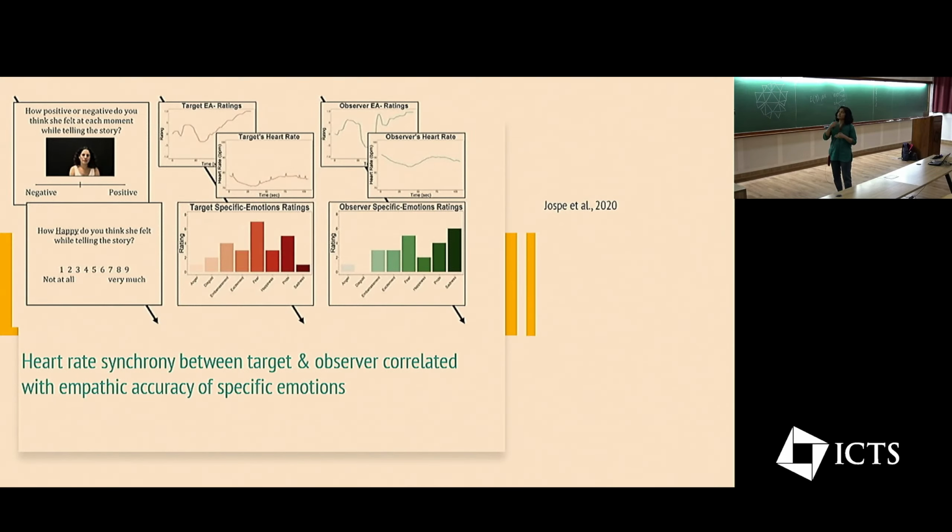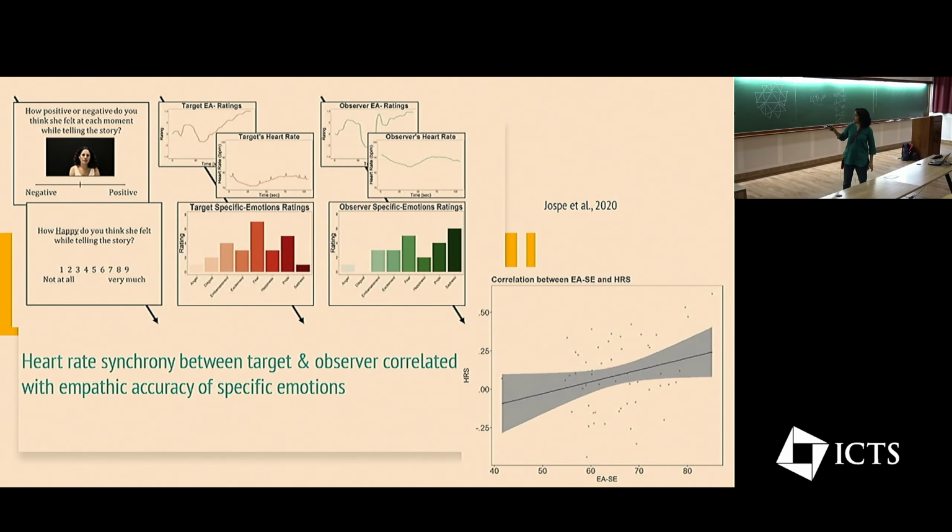The participant was also asked to rate the specific emotions that this person might be going through, for example how much anger, disgust, embarrassment, excitement, fear. These are special emotion categories that the participant rates for the person narrating life events, okay? And to cut the story short, they found there was increased heart rate synchrony associated with accuracy of identifying the emotion in the other person.